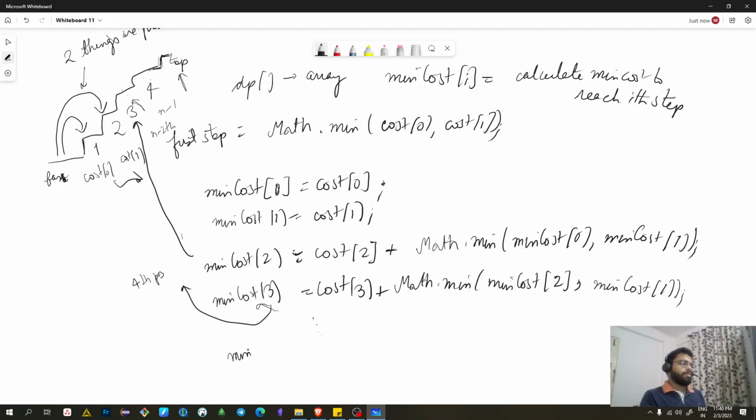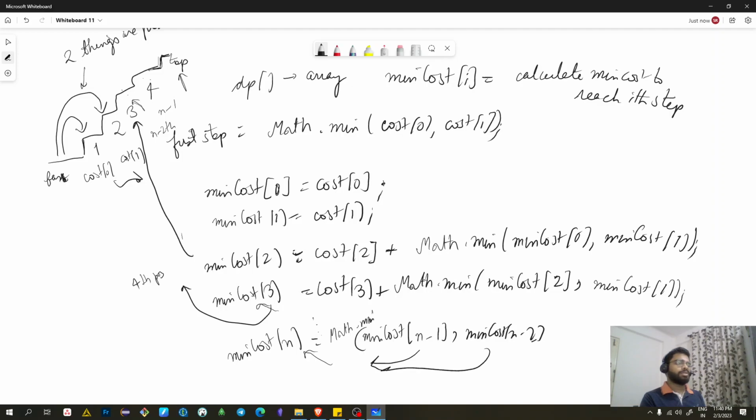So the minimum cost to reach the nth step will be, in this case, I'm assuming n is the top. We can just return the minimum of minimum cost n minus 1 and minimum cost of n minus 2, because n is only reachable by the n minus 1 and n minus 2th position.